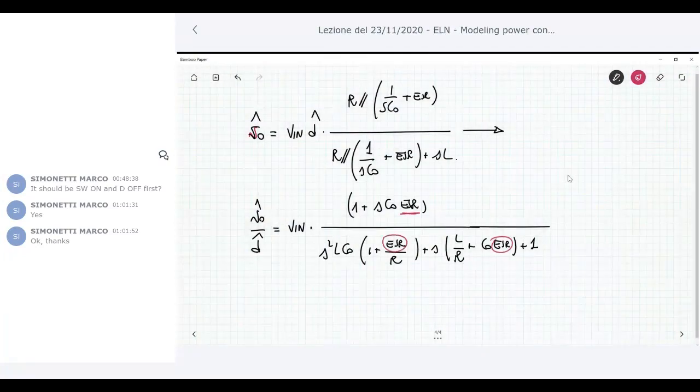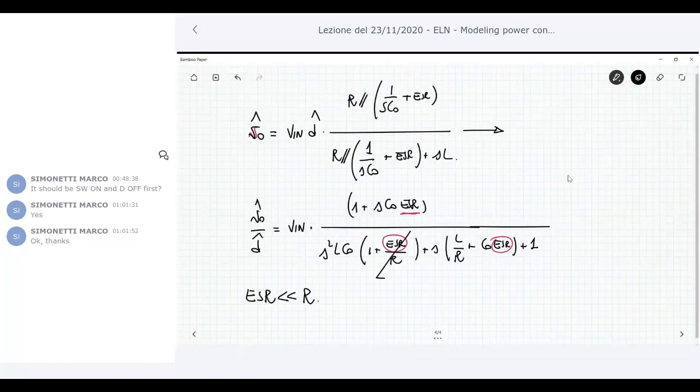Then we can say that typically, and this always happens in a practical situation, ESR is always less than R. R is the load you can put at the output of your converter that absorbs the DC power of the converter. ESR is something parasitic in the output electrolytic capacitors. So that means that this is always true, and I can take this quantity to be 0.